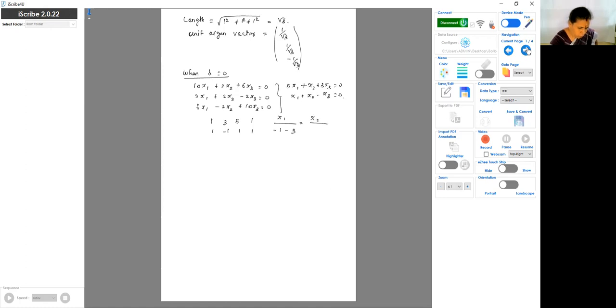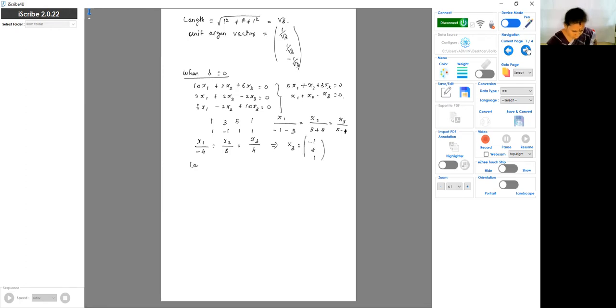Then x2, second and third, so it is 3 plus 5. x3 is 5 minus 4. So it is x1 by -4, x2 by 8, x3 by 5 minus 1, which is 4. Dividing throughout by 4, we get our x3 will be -1, 2, and then 1.